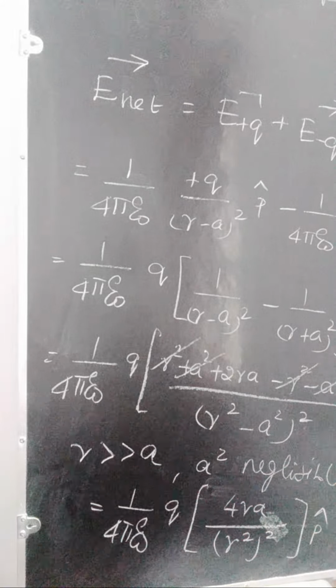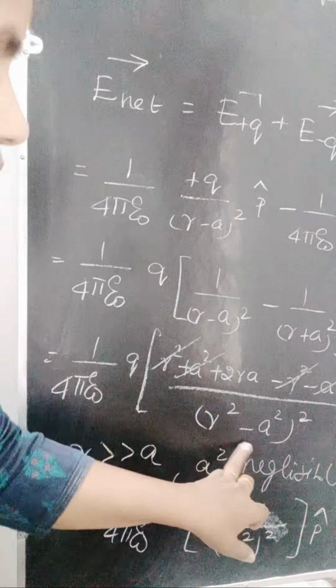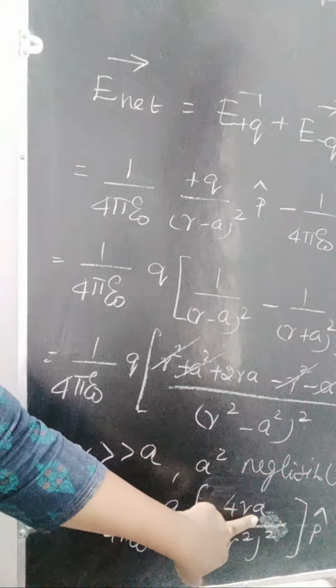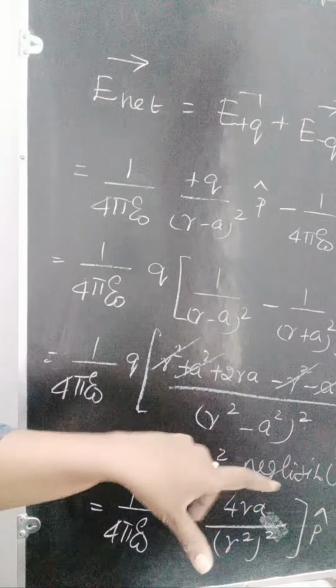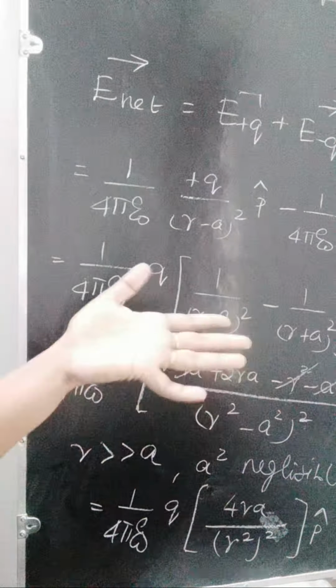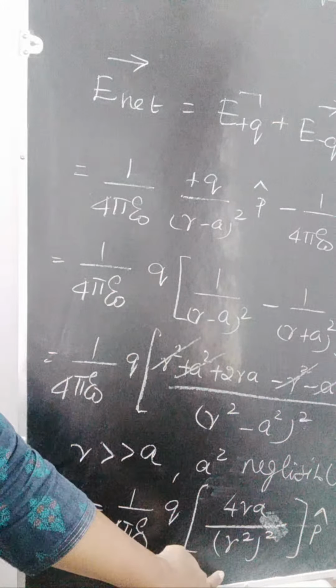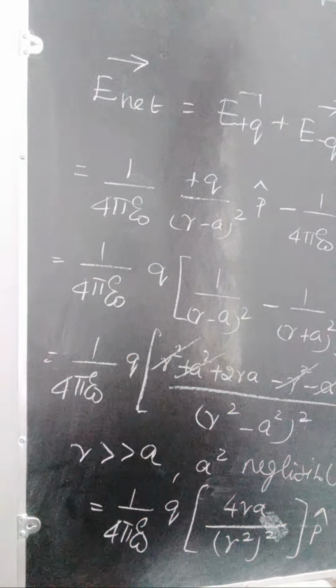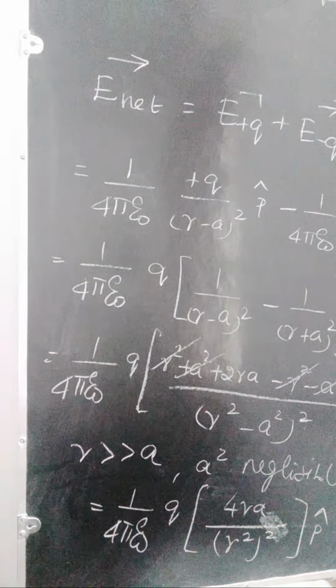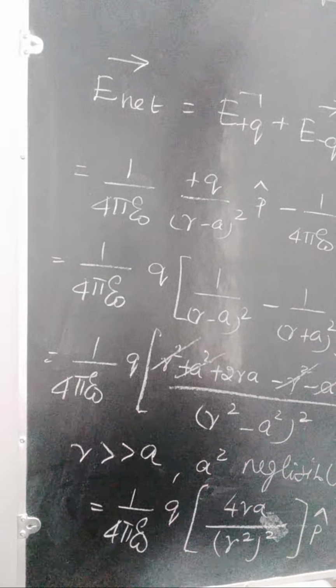Yes or no? Where we have subtraction, we can neglect. But here it is multiplication. When 5 is multiplied by 0.1, it makes a lot of difference. So you cannot neglect in multiplication; you can neglect only in subtraction or addition. Okay? Is this clear?